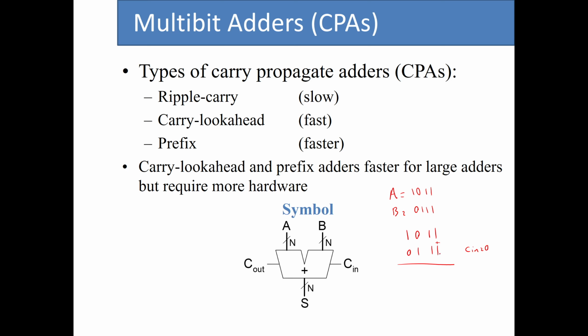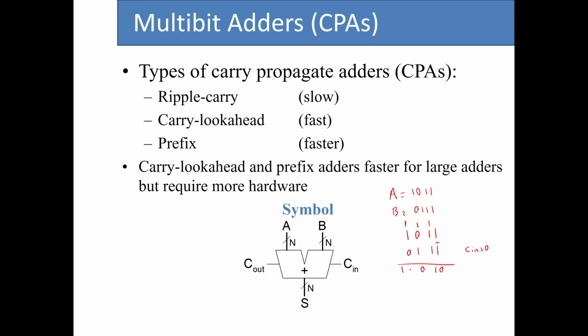So we have 1 plus 1, it is 1, 0. We have 0 here, 1 carry to the next stage. 1 plus 1 plus 1 is 1, 1. So we have 1 here, 1 carry to the next stage. 1 plus 0 plus 1, it is going to be 1, 0. So 0 and 1 carry to the next stage. And finally we have 1 plus 0, which is basically 1, 0.